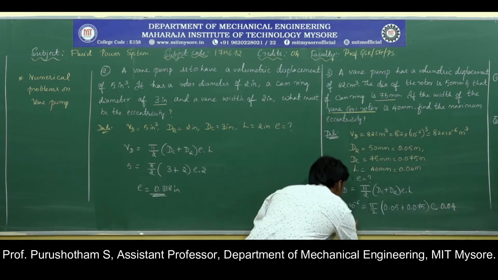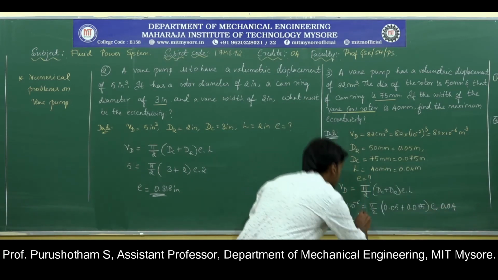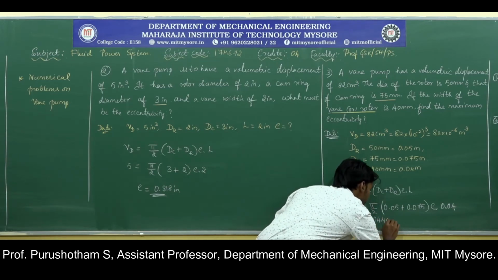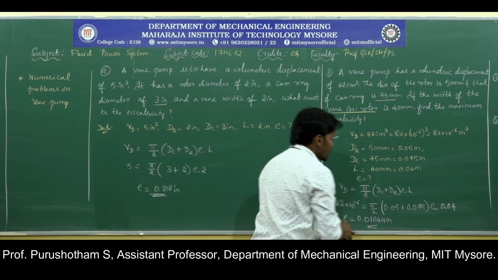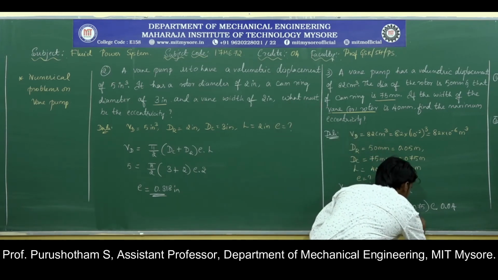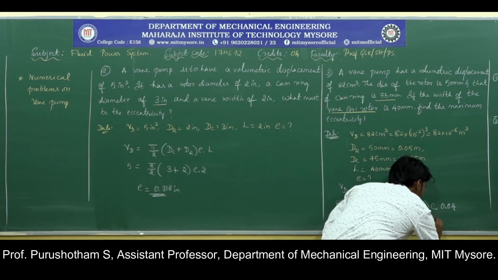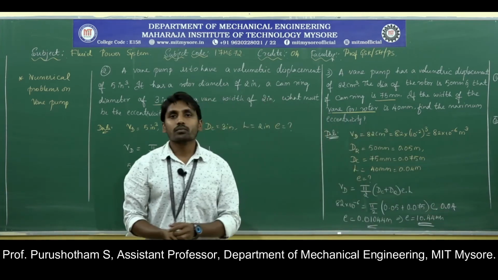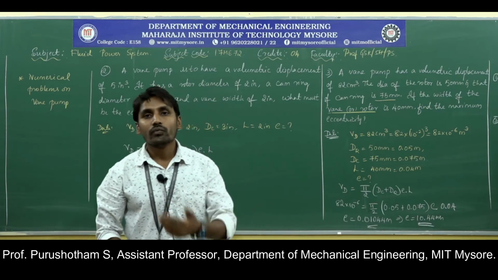If you solve this, you will get eccentricity equal to 0.01044 meter, which in millimeter is 10.44 millimeter. So these are some of the problems based on the vane pump.